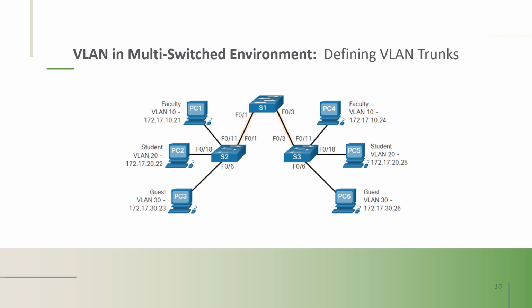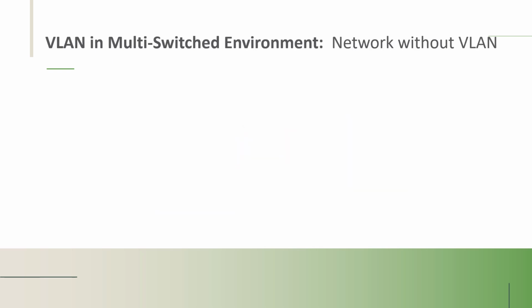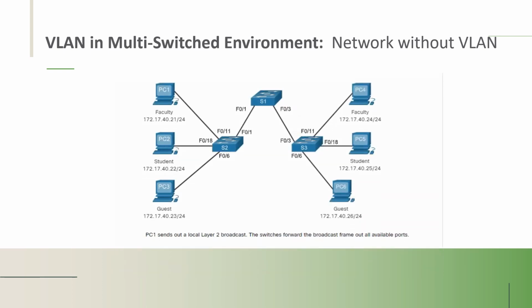When a switch receives a broadcast frame on one of its ports, it forwards the frame out all other ports except the port where the broadcast was received. Here we have an animation where the entire network is configured in the same subnet, 172.17.40.0/24, and there is no VLAN configured.